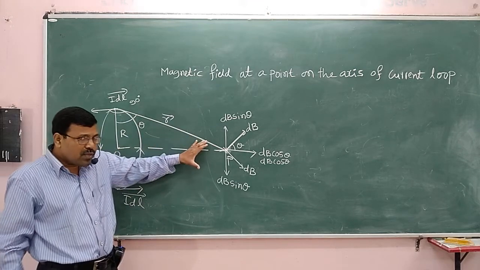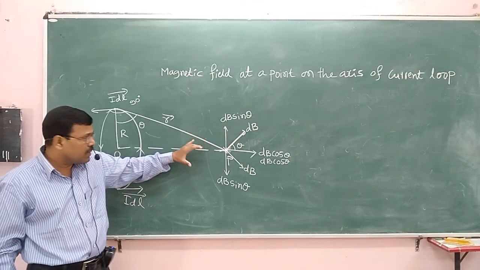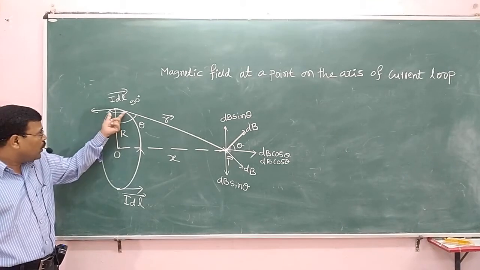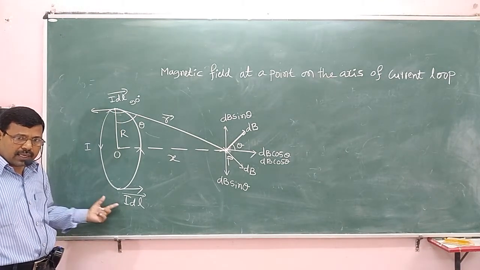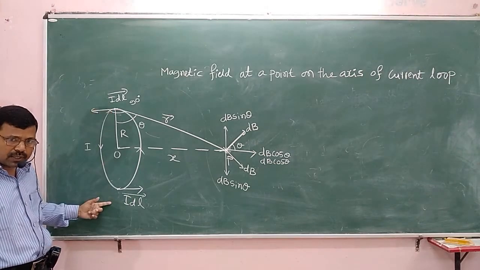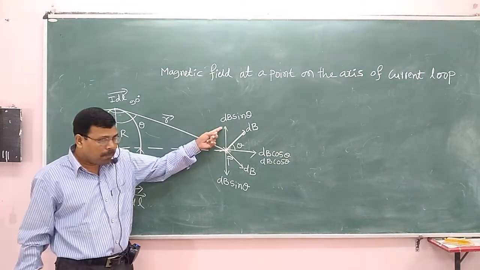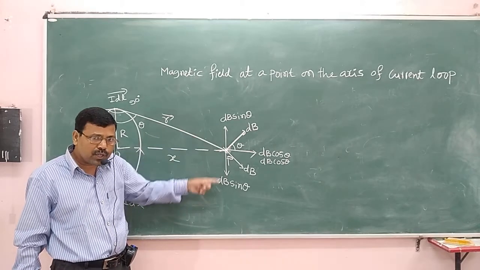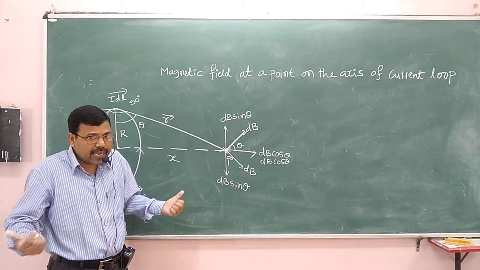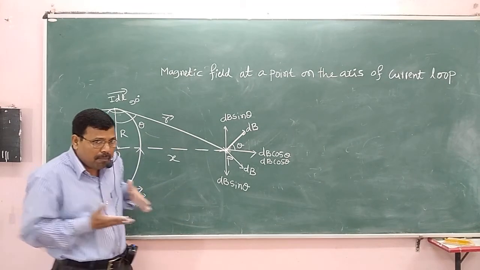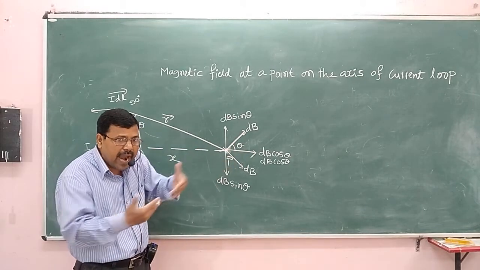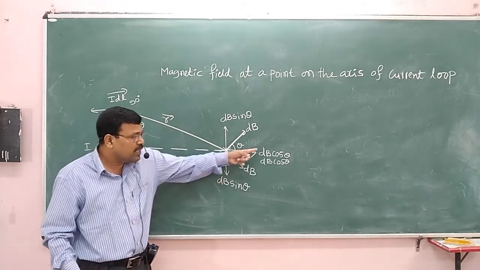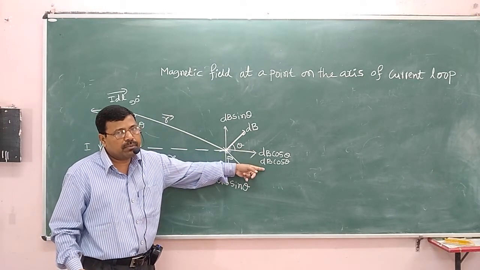So from this diagram we understand that whenever we consider 2 current elements diametrically opposite, their perpendicular components of magnetic field get cancelled, but the parallel components of magnetic field are added. dB cos theta will be added to dB cos theta.